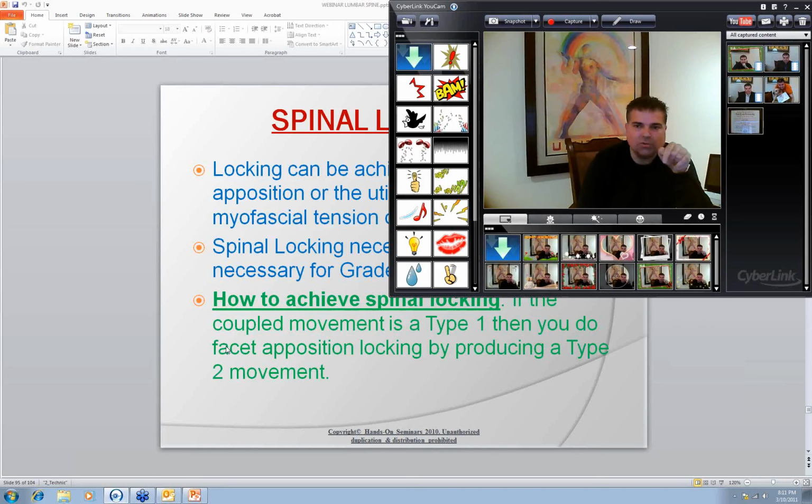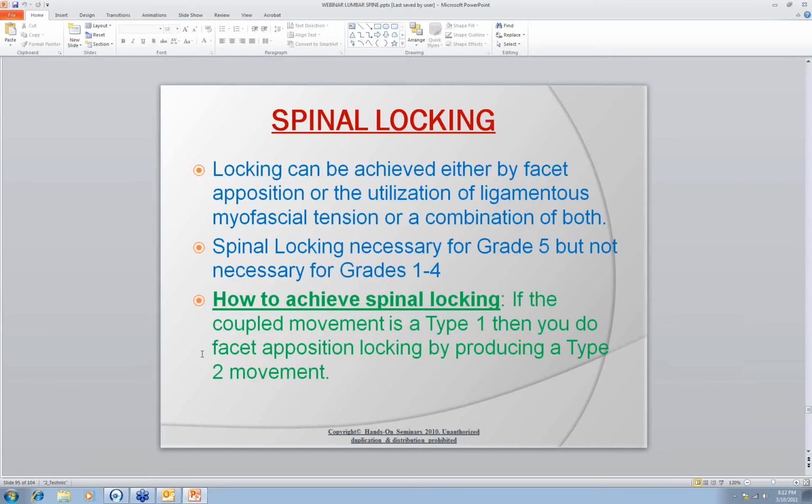So what I need to do is a spinal locking. Instead of just doing that, I may have to side bend and rotate so that I can get the greatest possible effect of my manipulative or mobilization technique. So we need to achieve spinal locking. So here is how spinal locking works.